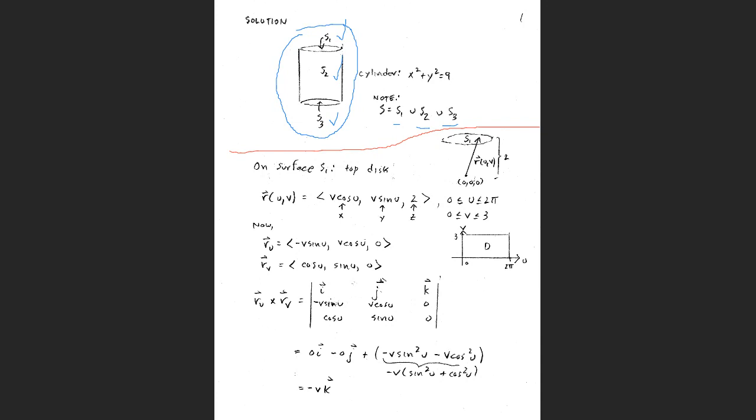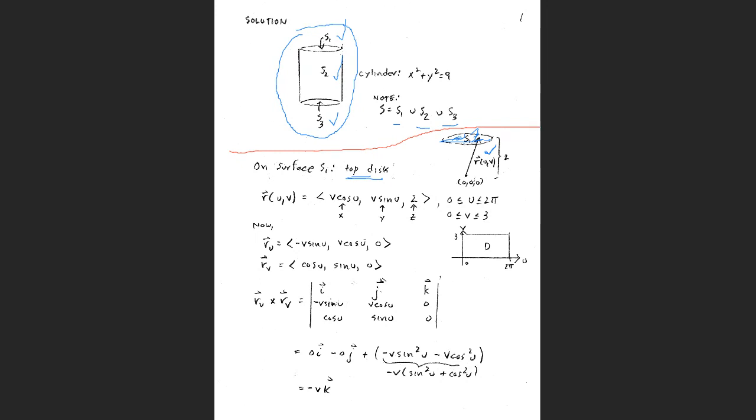So, okay, parameterization. Let's start off with the top disk. How are we going to parameterize this top disk? And you know, the top disk, you have to get the inside too. It's a surface, right? So you want this vector R of UV to scratch out the entire surface S1.